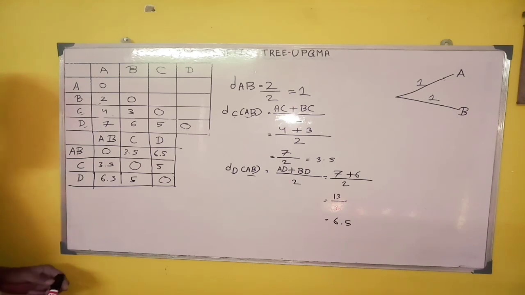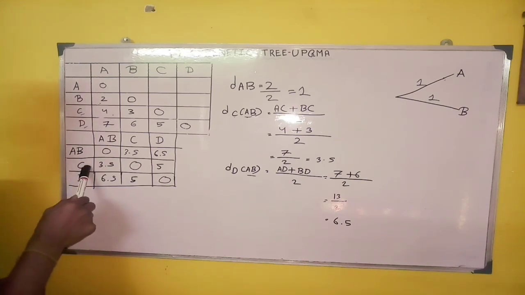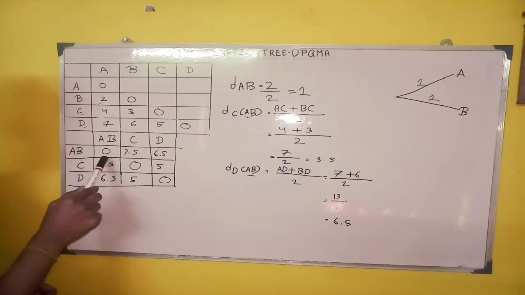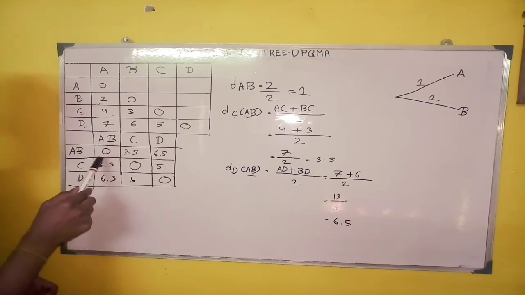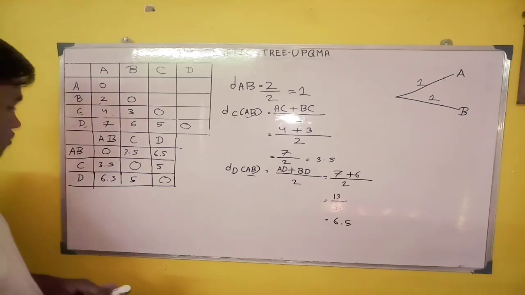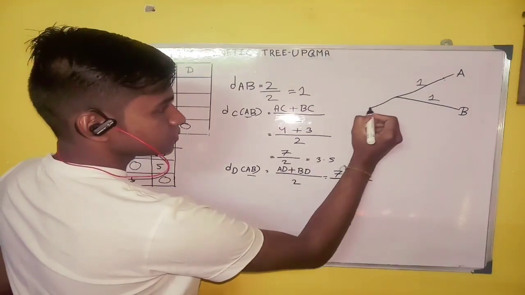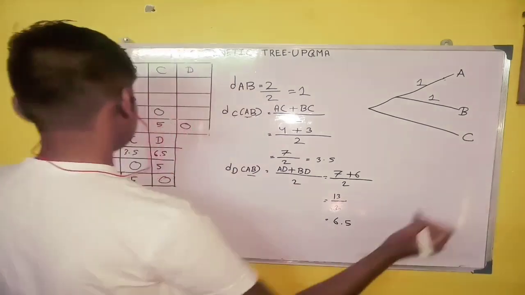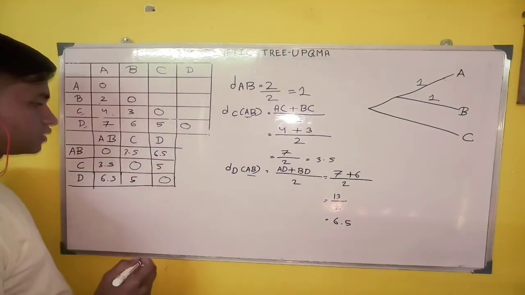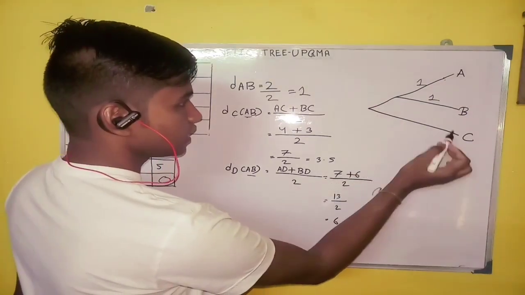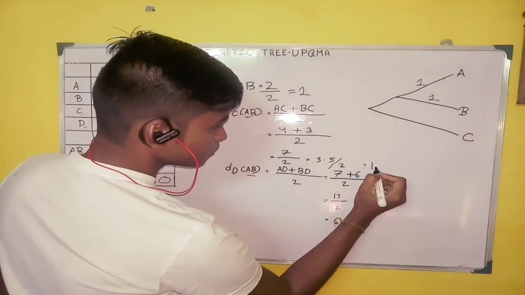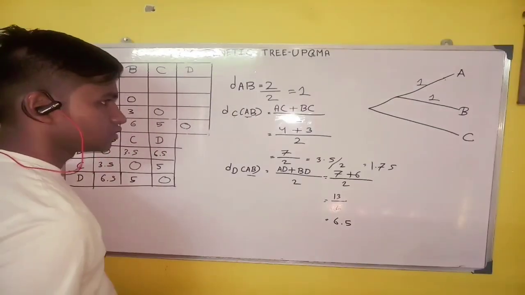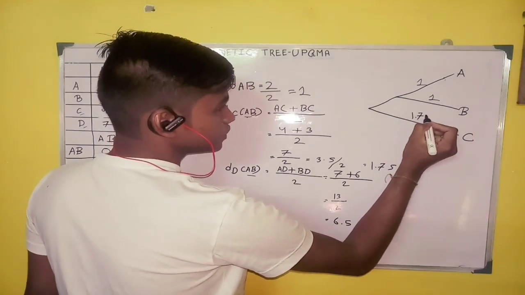So our next root is C, because C has the lowest distance in respect of A and B. We write C here, and C has 3.5, and as the 3.5 will be shared by this line and this line, we divide 3.5 by 2 and get 1.75.